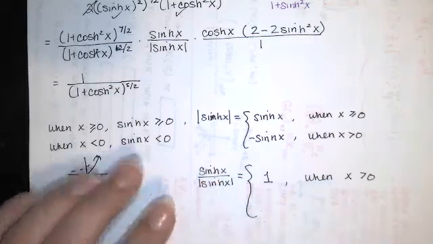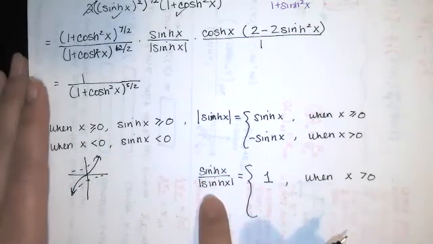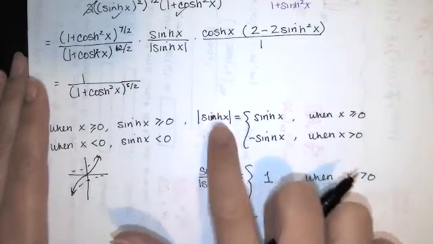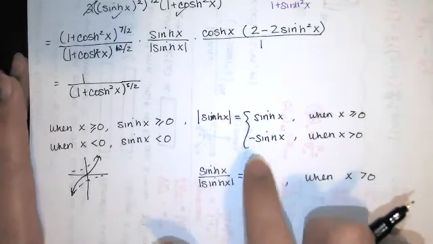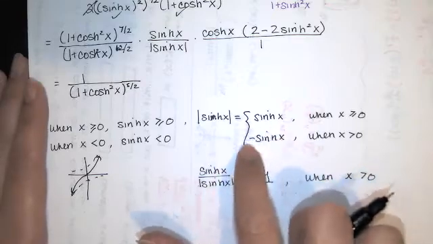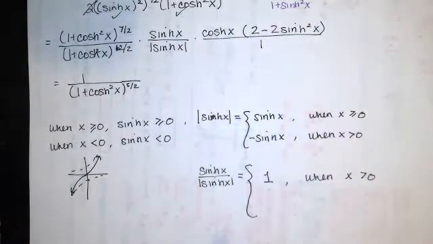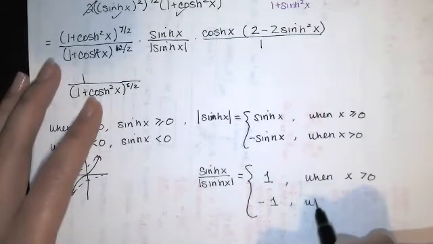When x is 0, we'd be dividing by 0, so we can't do that, so that's not in the domain of this function. And when x is negative, the absolute value of hyperbolic sine of x is the negative of that. If you're saying, how is it negative? Remember, this is a negative number. A negative times a negative is a positive, and that's giving us the positive value of that absolute value. So this is going to be a -1 in that case.